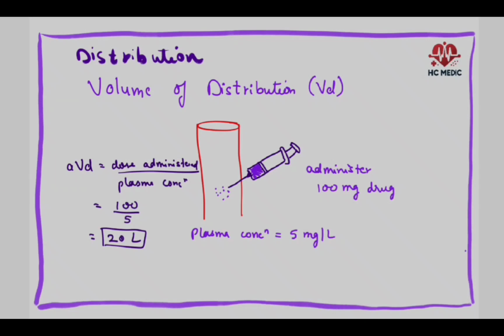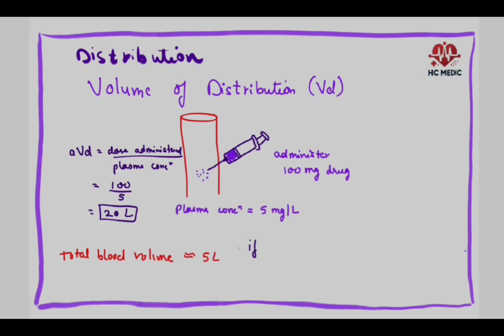Now what does this indicate? It is important to understand. The total blood volume is around 5 to 6 liters. If the AVD is more than 5 liters, for example 20 liters, it means the volume of distribution is high.